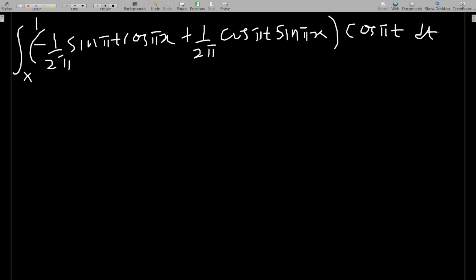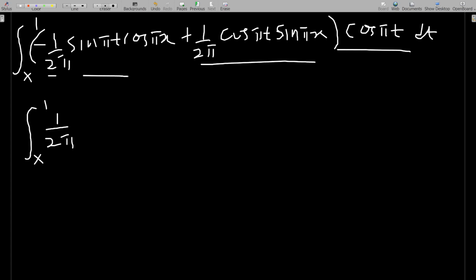If I expand this, I'll get something like this: integral x to 1 of 1 over 2 pi, I'm multiplying cos pi t into this, then I subtract from this, because there's a negative here and I don't want to be getting negatives in front.